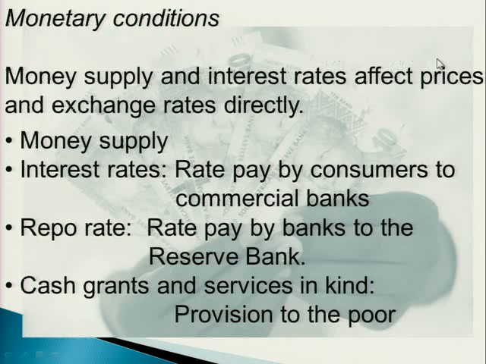Right. The next economic indicator that we have there is our monetary conditions. Can you remember what monetary means? It has to do with the supply of money, which is very important. And if we talk about the supply of money, then we are talking about interest rates.